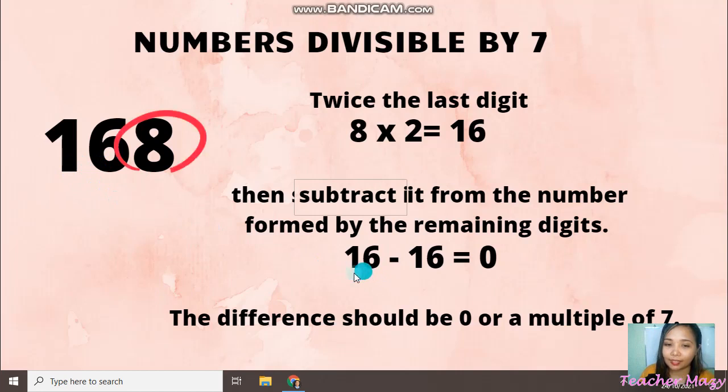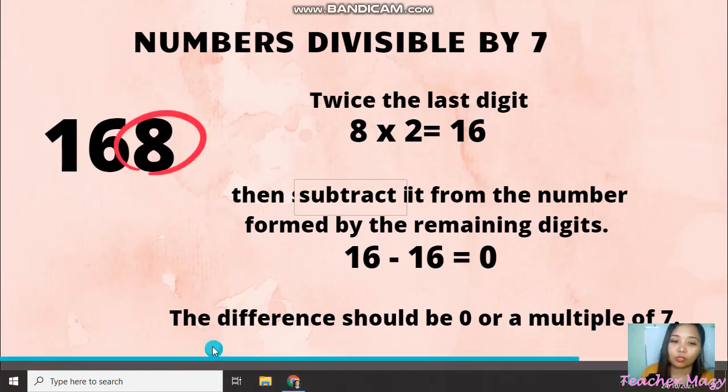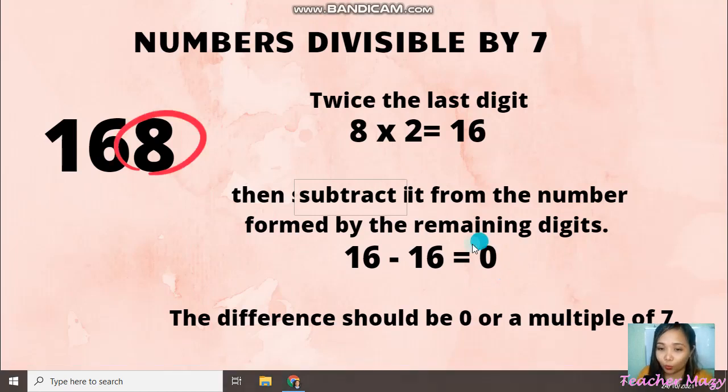Ito siya, 16. And then, ima-minus natin yung product natin. Minus the product, which is also 16. So, it is equal to 0. The difference should be 0 or a multiple of 7. In this case, our difference is 0. So that means this number is divisible by 7.